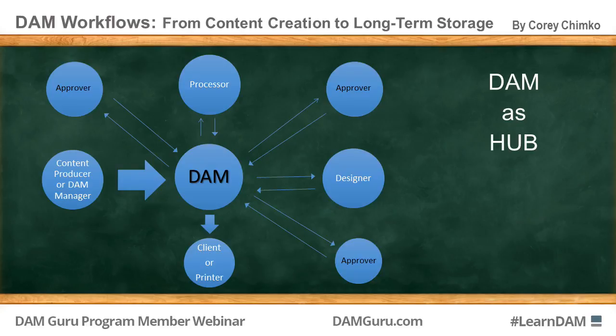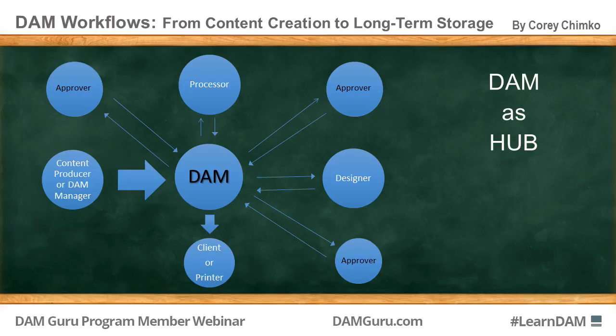Basically, your DAM system is going to sit at the center of your organization, and at every stage, people are going to interact through the DAM. So you have your content producers ingesting images into your DAM. You then have somebody who's approving the ingestion of those images or vetting those images, either within the DAM or, if they wish, they could download them and then re-upload them. Not sure exactly why you would do that.